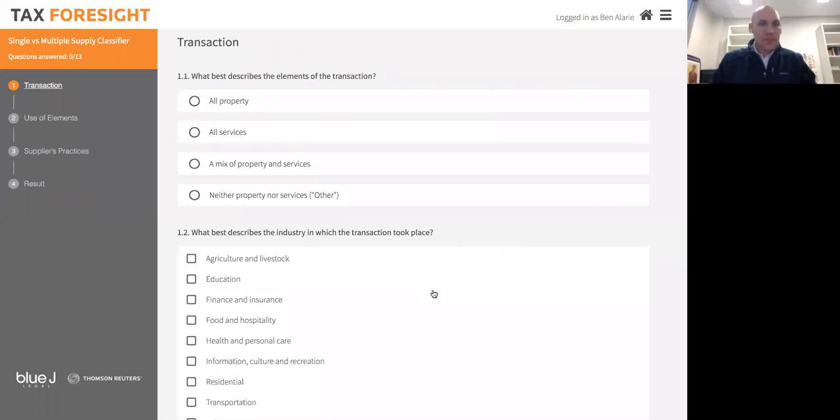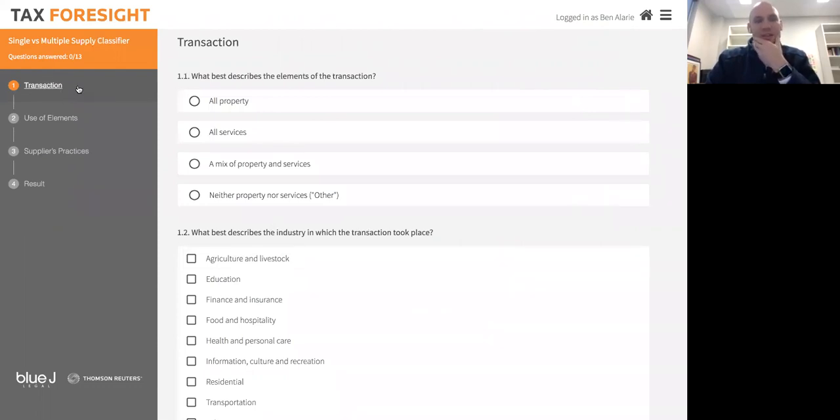So here we are. We're in the software, and we can see it's going to ask us 13 questions. That number can go up, so there's some path dependency here. We may have to answer a few more questions. Maybe 13 will be all we need to do based on how we answer these questions. So it's going to first ask a number of questions about the underlying transaction.